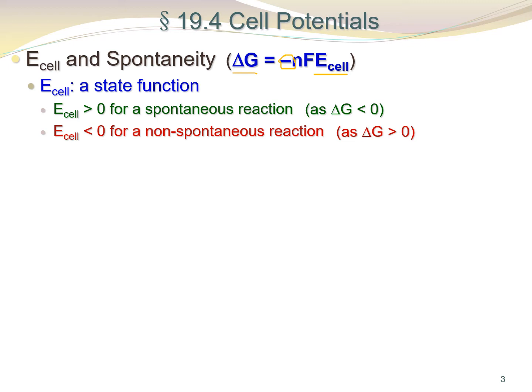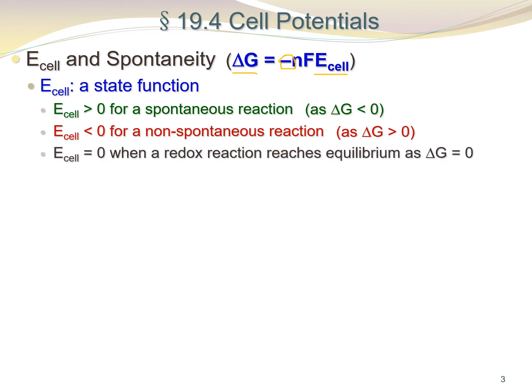In this case, remember, if we have a cell that's negative, negative or negative, make delta G positive. If potential of cell is equal to 0, we understand that the redox reaction reaches the equilibrium as delta G equals to 0.